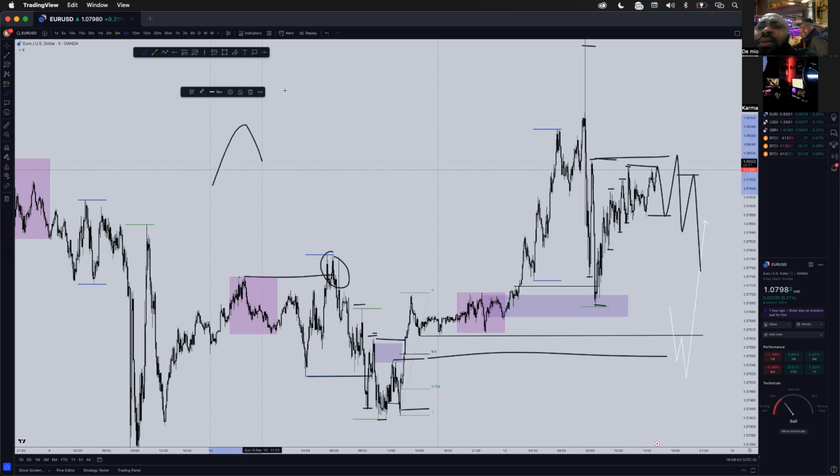Even if you have two breaks of structure, the type of break of structure matters, because you can have a break of structure like this, A, B, C, like I explained. I've explained it, you can go back to the video again. In the next session, we're going to talk about liquidity at length, so we will be seeing this in a much more advanced way.